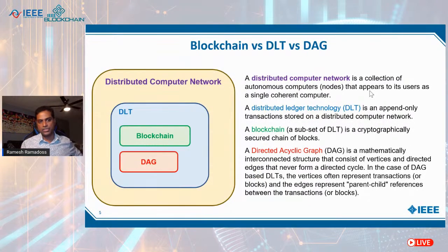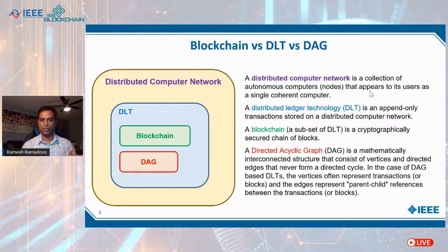So this slide shows some of the definitions of common terms we would use today. Distributed computer network is one terminology that you would hear quite a bit, which is basically a collection of autonomous computers that appears to the users as a single coherent computer. As a matter of fact, the cloud services that we use today are of that type, distributed computer network. Now, DLT stands for distributed ledger technology.